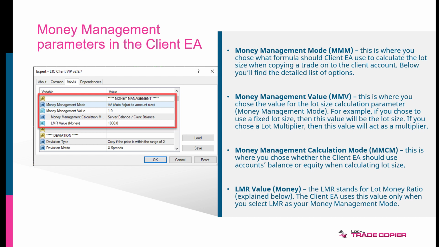The MMCM is where you choose whether the client should use account balance or equity when calculating lot size. By default, the calculation formula uses the master account balance and the client account balance. But of course, we understand that you might want to use different combinations, like maybe equity from the master account and equity from the client, or maybe equity from the master but balance from the client.